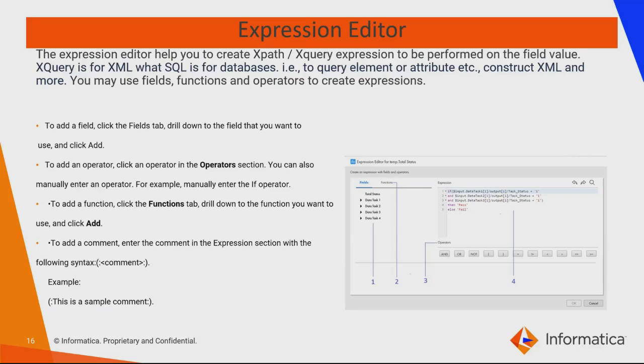You can use functions which are readily available or which are available in the W3 links. You can use operators as shown, or you can also configure the operators manually by typing them. You can write your for loop, if statement, etc., or also add comments in your XQuery expression code.